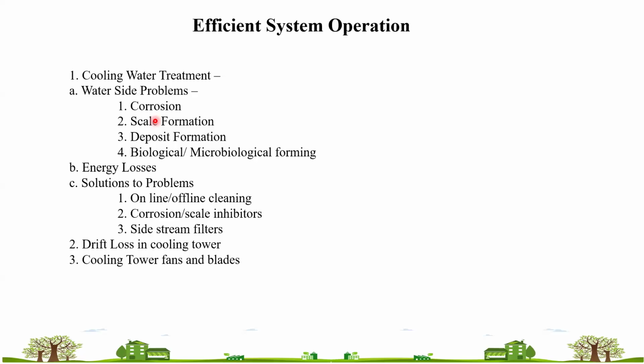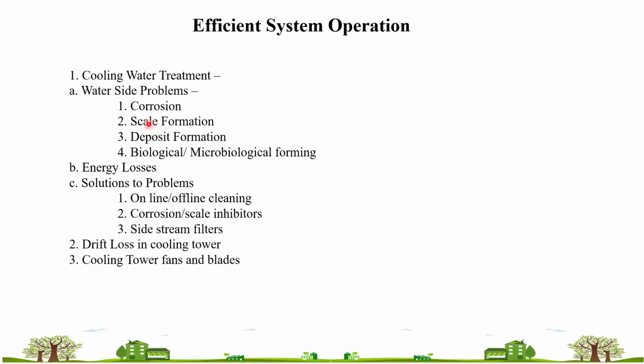So the water is not uniformly distributed, channeling of the water happens inside the cooling tower, and channeling will always result in bad performance of the cooling tower. If your nozzles are choked or some of the fins are not working, channeling and all these things happen.